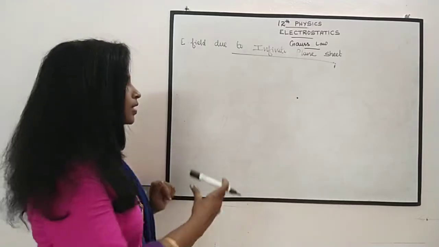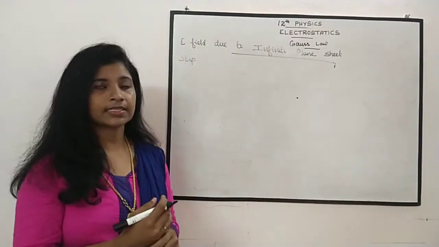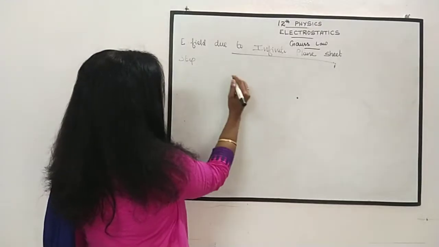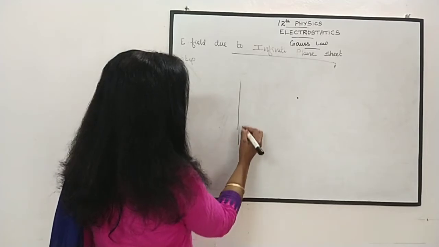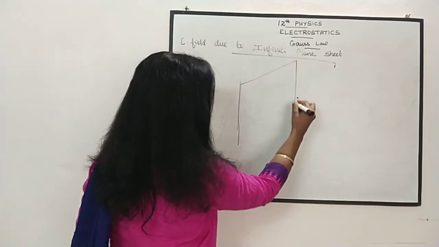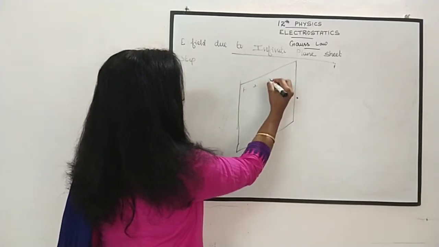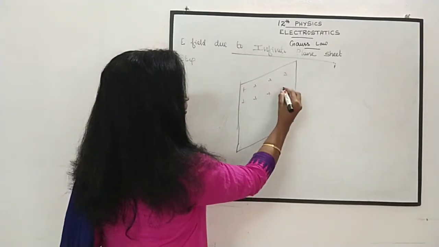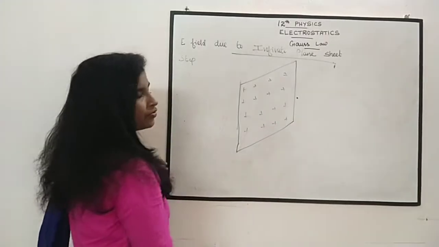Before the first step, let us consider a plane sheet where the charges are distributed uniformly like this.